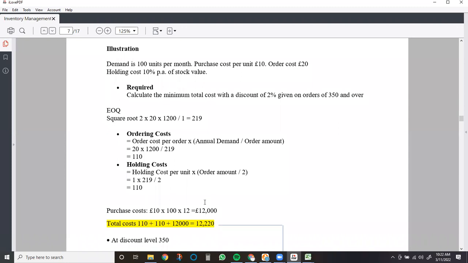So anyway, in this question, the square root was seemingly an exact figure, as evidenced by the fact that the holding and ordering costs work out to be the same.